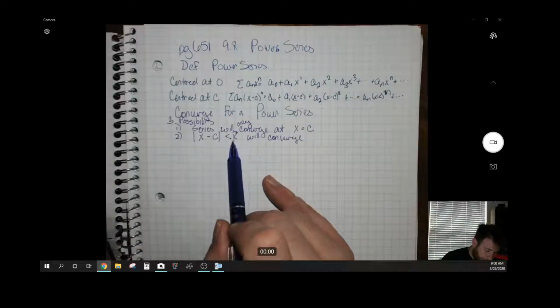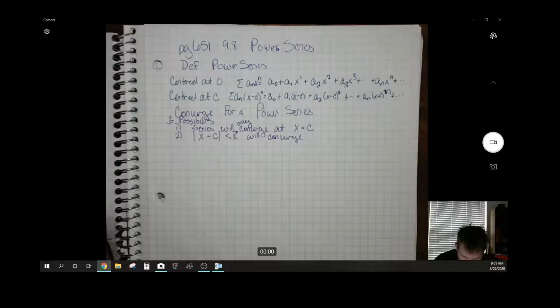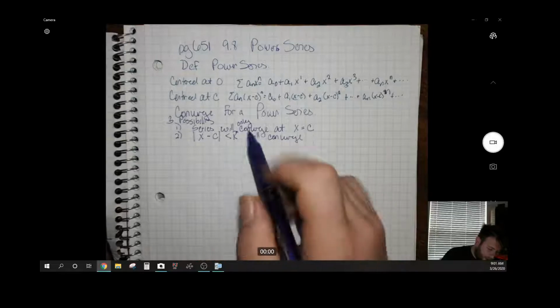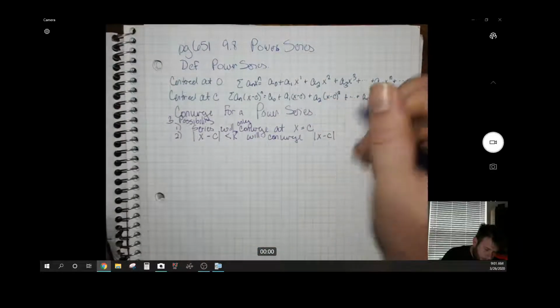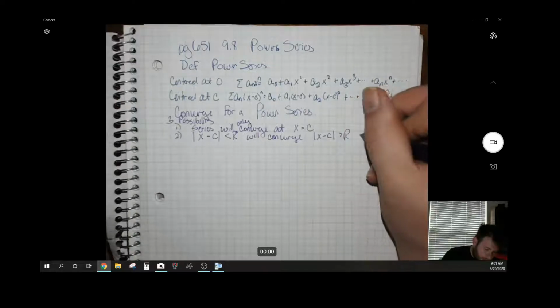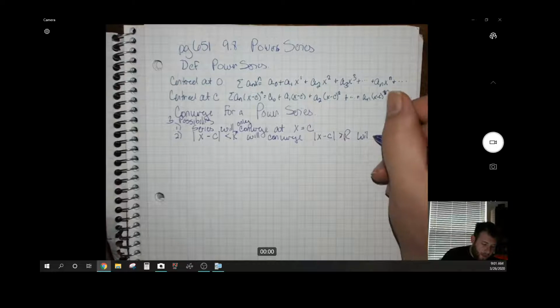Okay? I'll explain this as we do examples. And then this implies that if this converges, then everything greater than that will diverge.